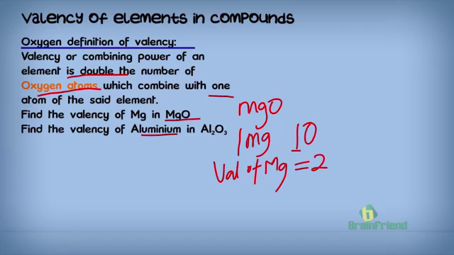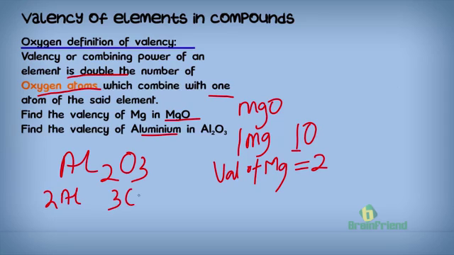Second one says, find the valency of aluminium in aluminium oxide. Okay. Here, this one is just a bit tricky, but it's just simple mathematics. Okay, so we'll say 2 atoms of aluminium are in combination with 3 atoms of oxygen.